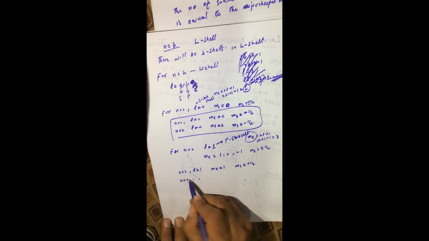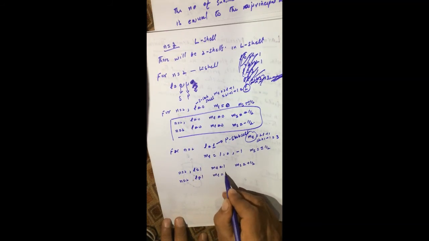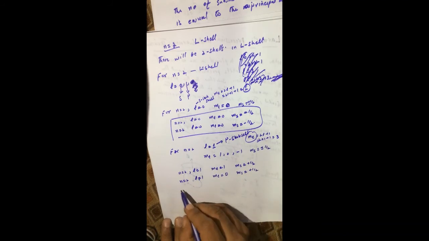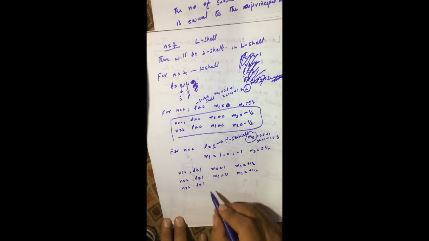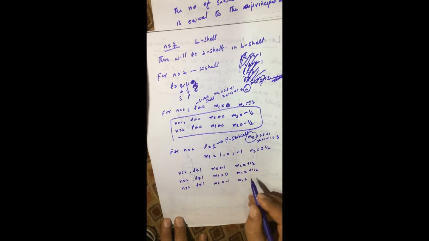Second with n is equal to 2, L is equal to 1, ml is equal to 0, and ms is equal to plus 1 over 2. Third electron with set of quantum numbers n is equal to 2, L is equal to 1, ml is equal to minus 1, ms is equal to plus 1 over 2.